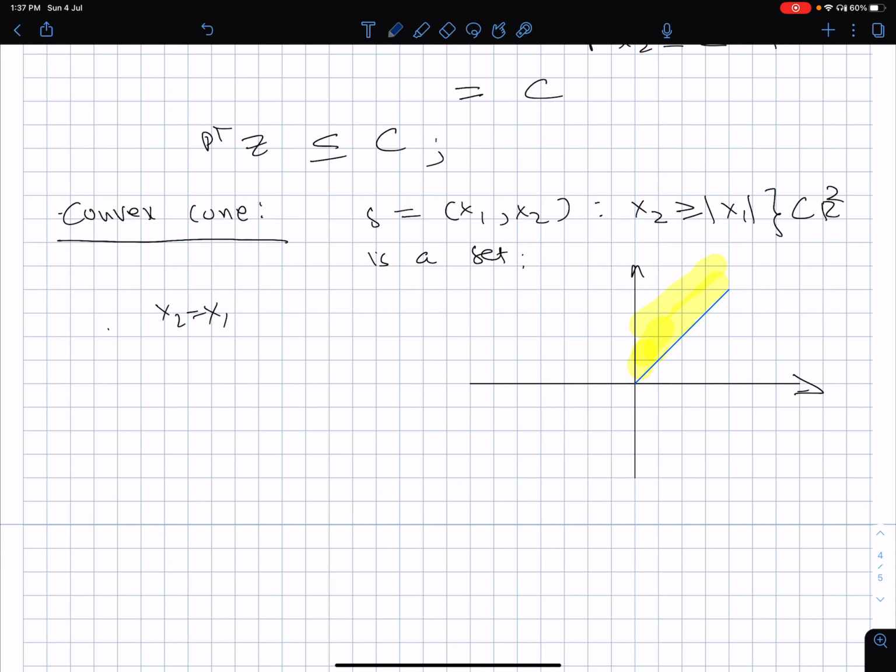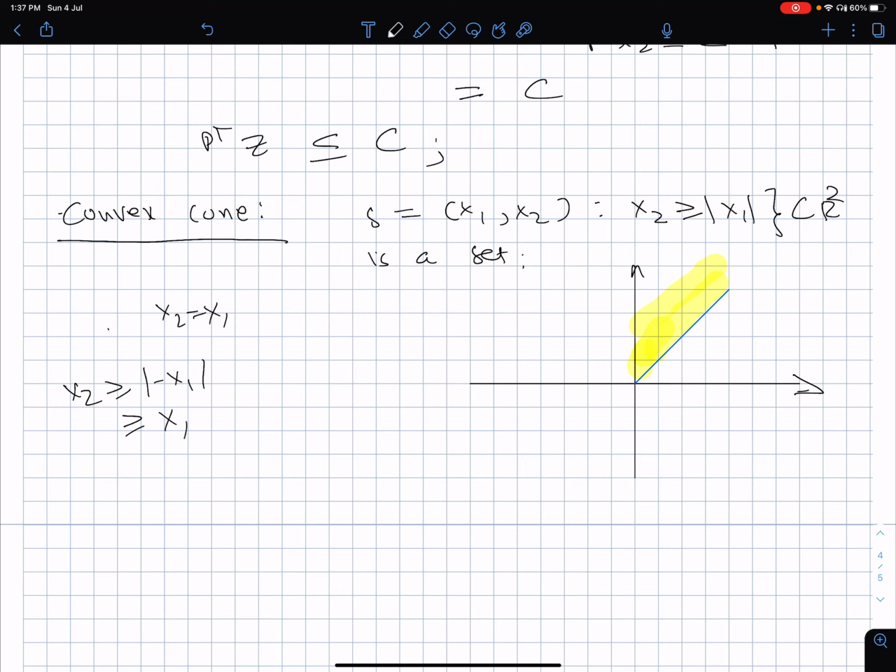Again, I am looking at x2 greater than or equal to modulus of minus x1. Now x1 is negative, but this is the same as modulus of x1.